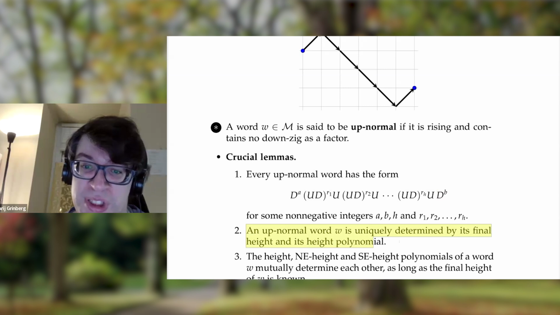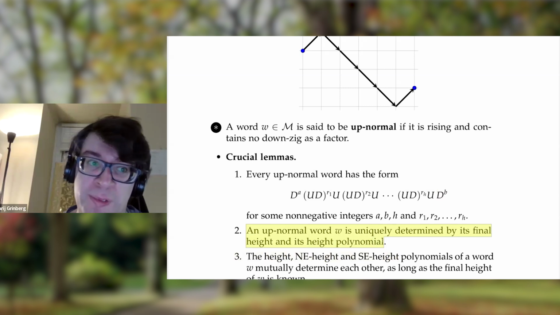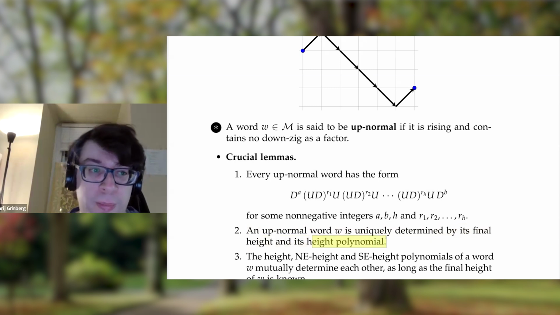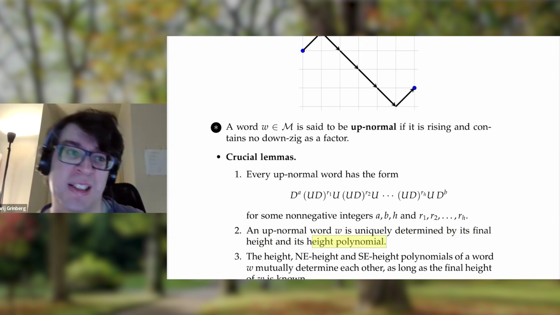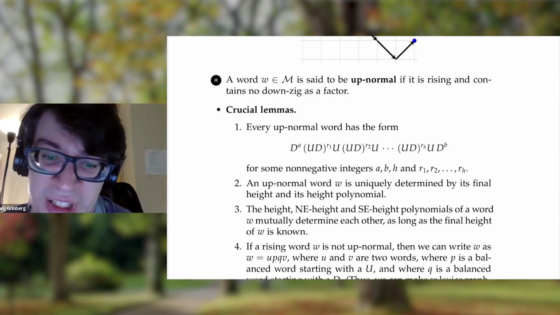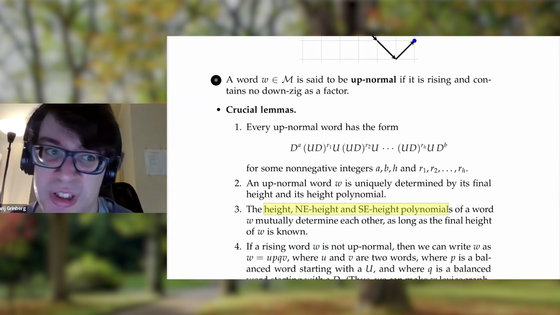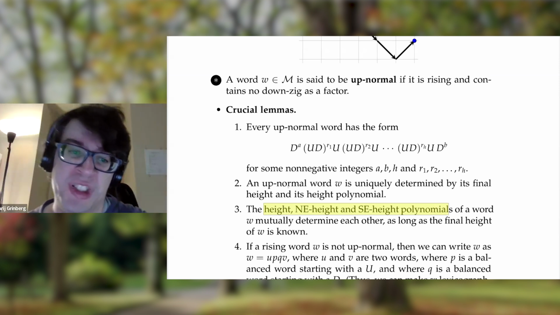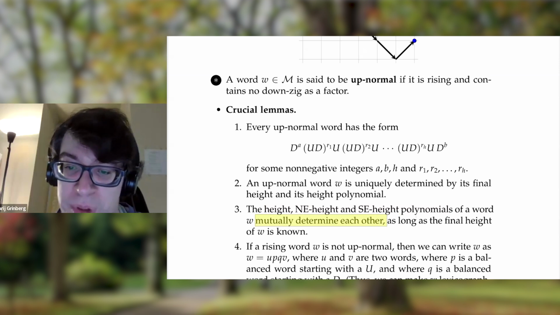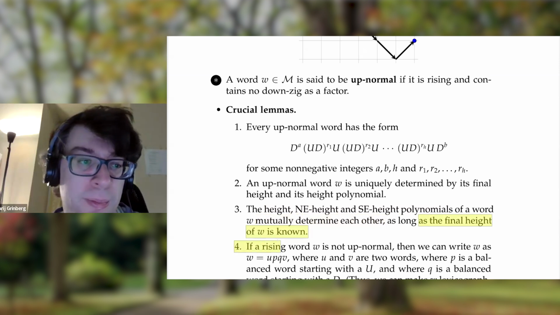Next, this follows easily from this characterization. An abnormal word is uniquely determined by its final height and its height polynomial. So it can be encoded just as a height polynomial. Note that the 3 height polynomials of a word can be transformed into each other. They can be converted, so they determine each other as long as you know the final height of the word.